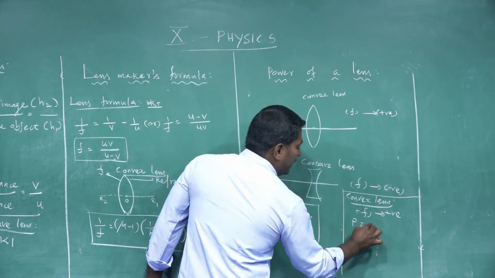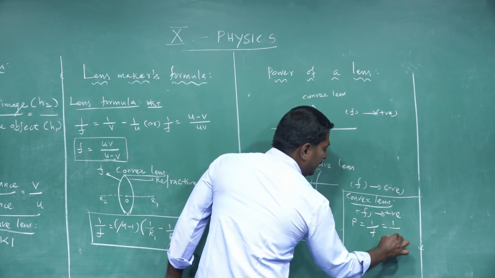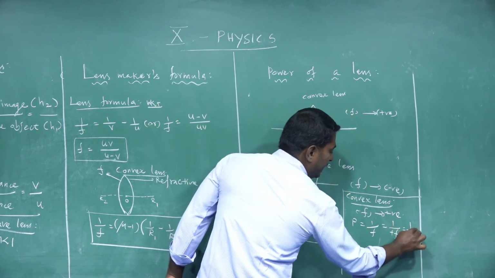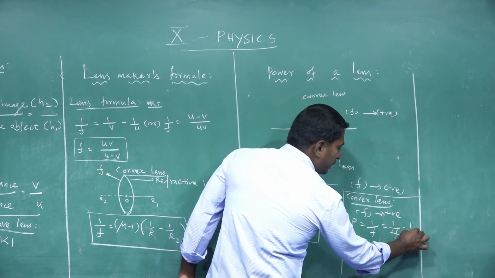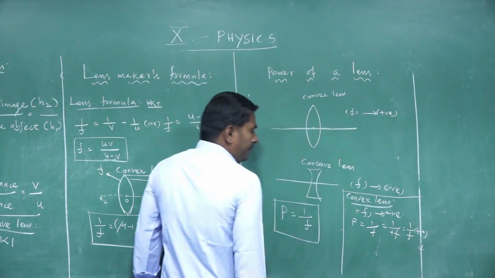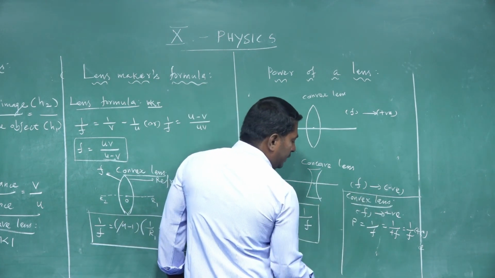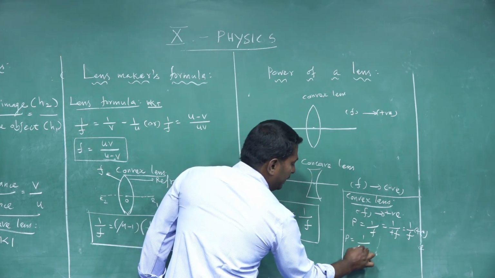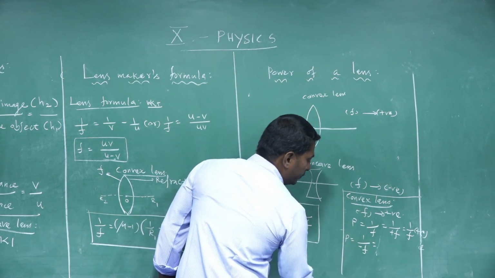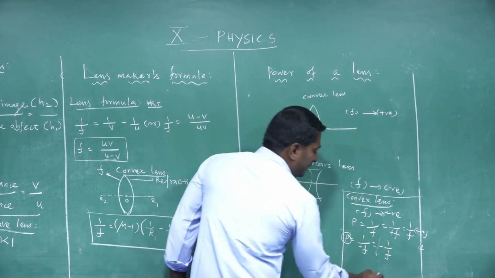Hence, the power of a convex lens is equal to the reciprocal of its focal length, P equals 1 divided by f. So the power of a convex lens is positive. Then the concave lens. The focal length of a concave lens is negative. So the power of a concave lens, P, is equal to 1 divided by minus f, which is equal to minus 1 divided by f. So the power of a concave lens is negative.